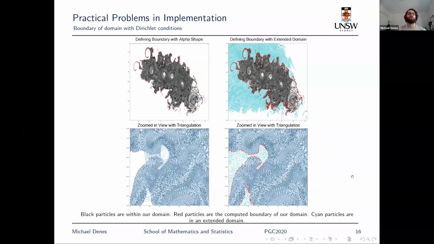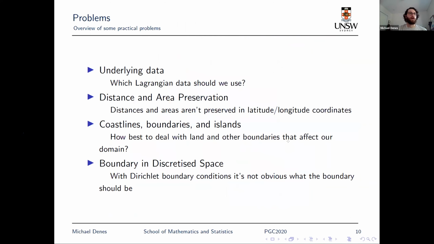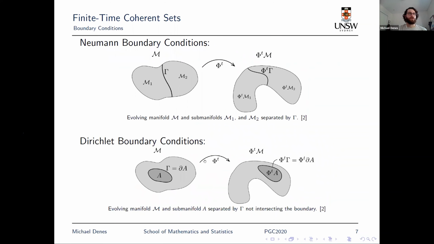And then the last problem that I mentioned was trying to define the boundary of our Dirichlet problem. So I'll go back to the picture here. Dirichlet boundary conditions are really useful for trying to find eddies.